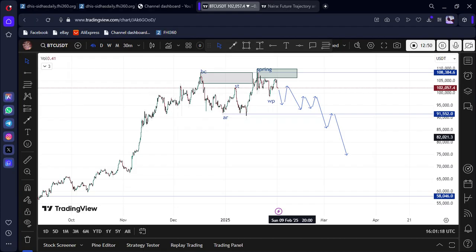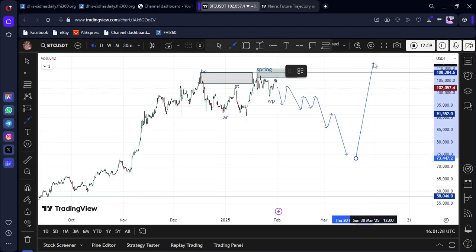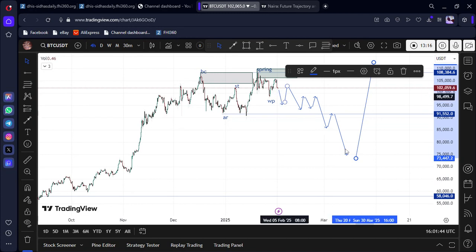So expect a little downtrend, after which you now see price launching a counter move to break the previous high of $110,000. So the future is bright for Bitcoin, and Bitcoin is going to get to as much as $300,000. But before that, you need this retracement so price can go find buy orders before another upward move.